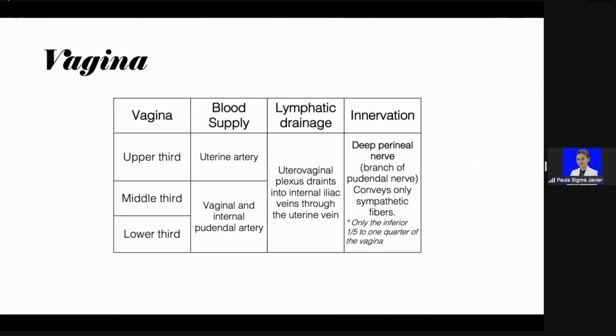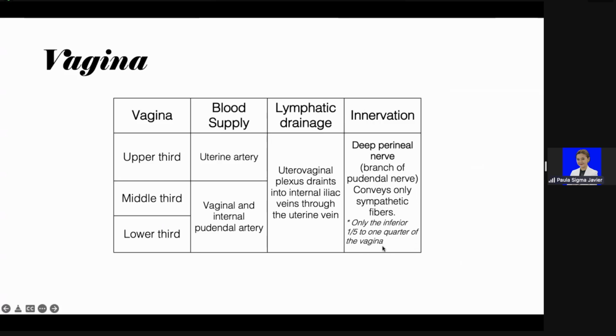Okay, so the upper third of the vagina is supplied by your uterine artery, lymphatically drained by your uterovaginal plexus, which drains into the internal iliac veins through the uterine veins. Innervation is via the deep perineal nerve, which is a branch of the pudendal nerve, and conveys only sympathetic fibers.